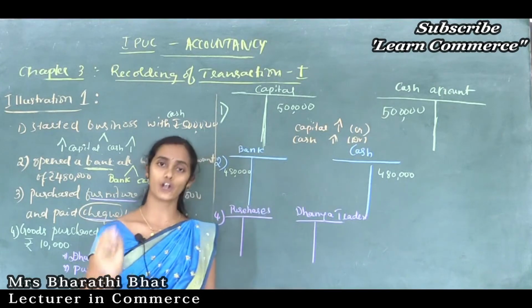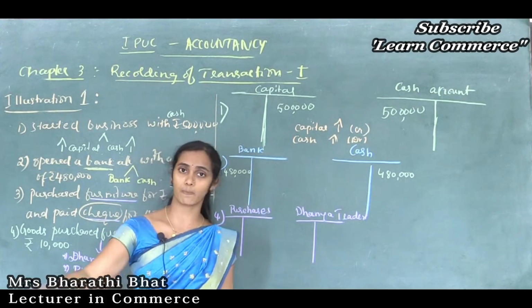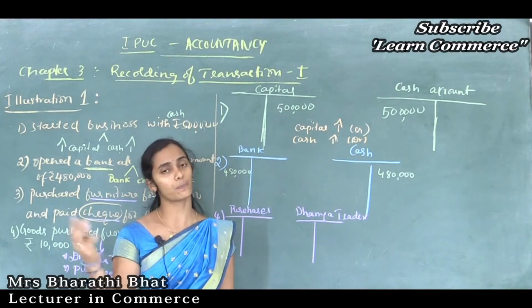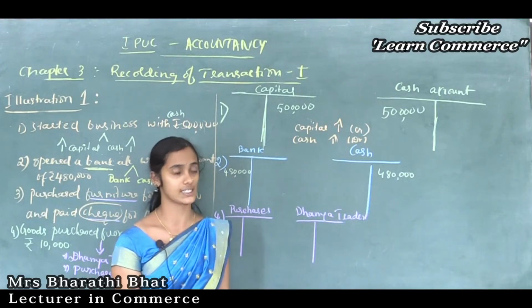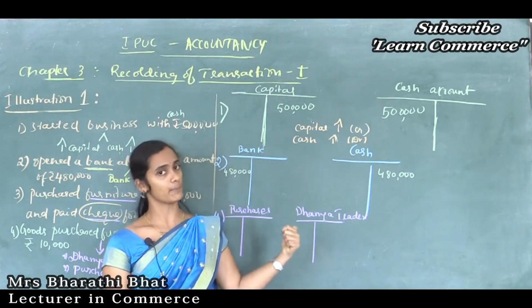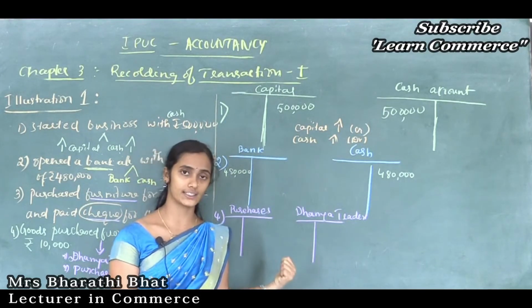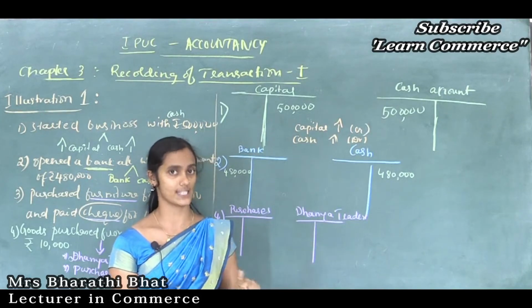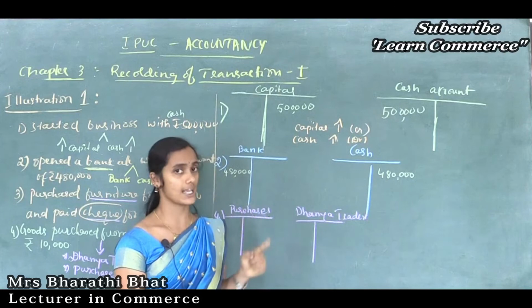Say for example, raw material purchase. To gain something, we need to spend some amount. Say for example, to produce a finished product, we need to spend some amount for the raw materials. That amount is considered as expenses. So here purchases is considered as expenses.